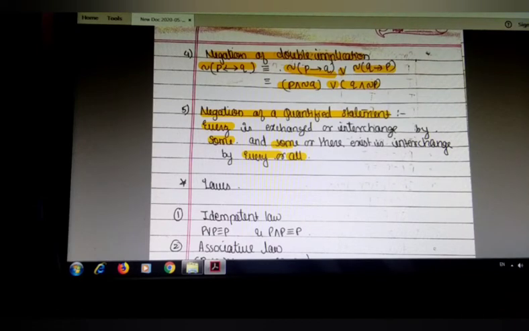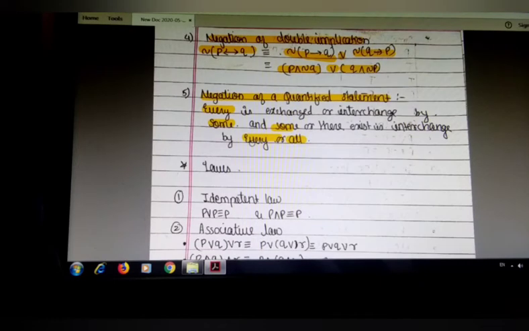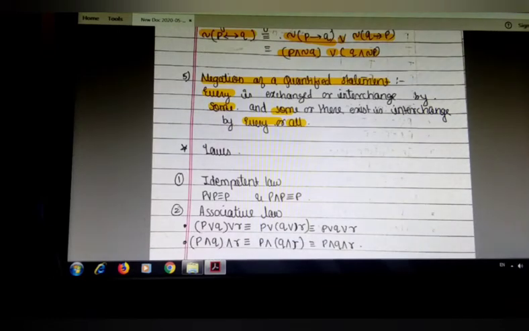It is an example. We have to convert it into negation, then it will come as some girls are not topper, means it is negation. Some will be exchanged by every, or every is exchanged by some.